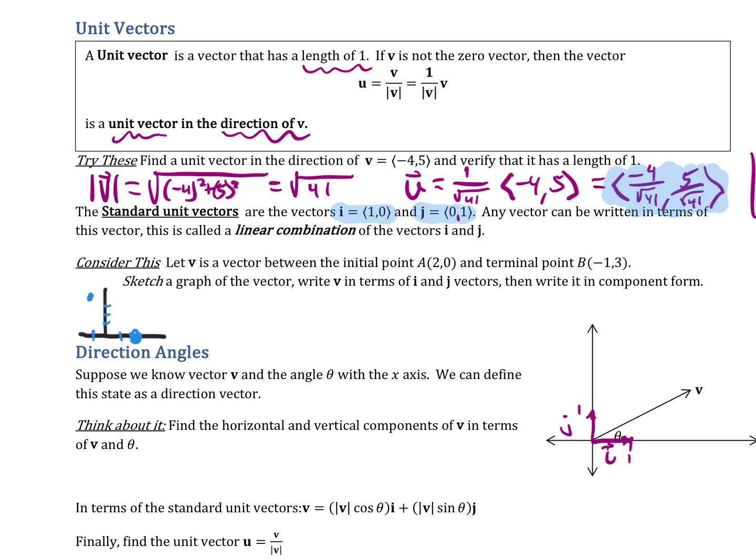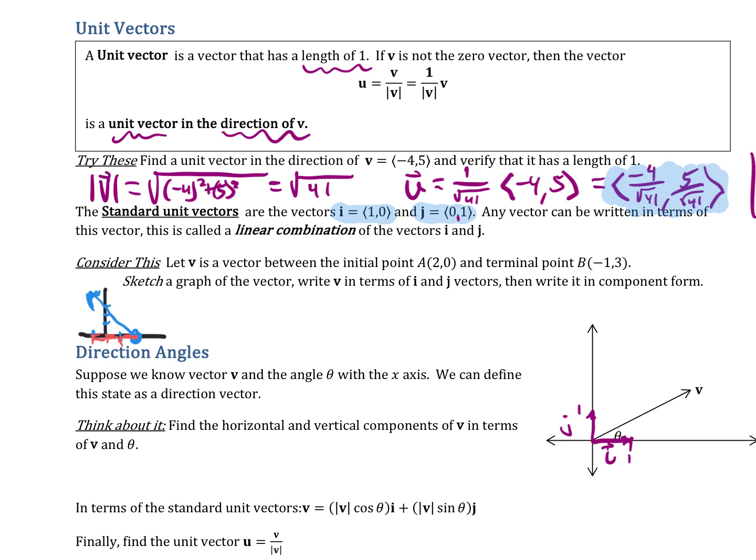Okay, so something like this, all right? So we've got this vector going up like this, okay? And so what's going on here? Well, this is going left. Let's do our i's in one color here, okay? So it's going left, 1, 2, 3.